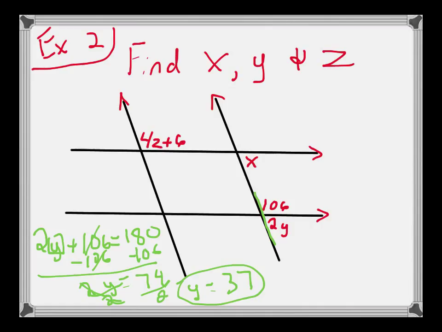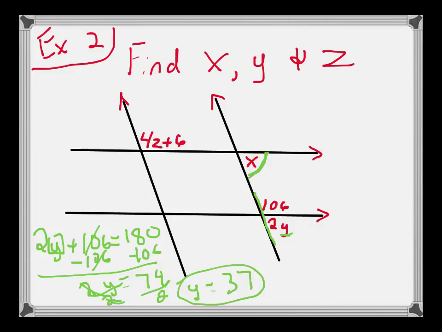Now, that's not the angle measure, guys. That's just y, the variable. We got to be able to figure out just the variables. Now, with that said, I could easily figure out x if I use what? Well, let's think about this.